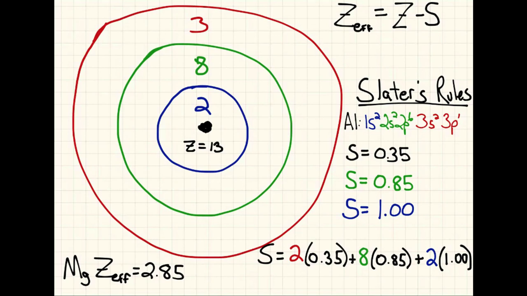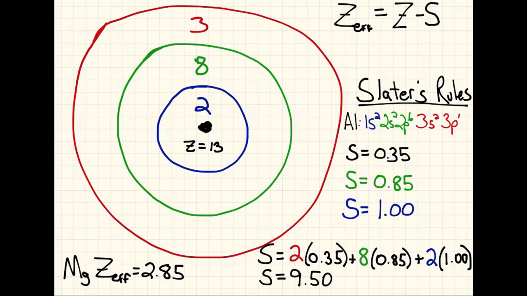Now the result here will be that our value for S will be slightly different than our previous value for S. We will have an additional 0.35 because now this is being multiplied by 2. And our total value for shielding is now 9.50 instead of the previous 9.15.